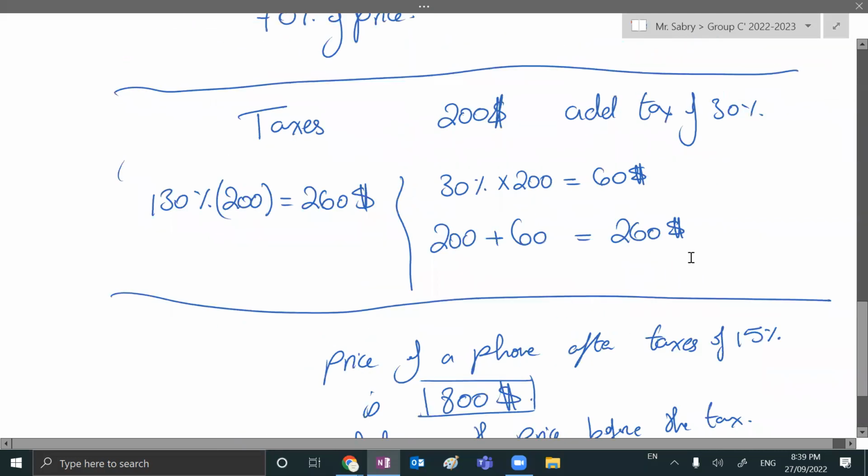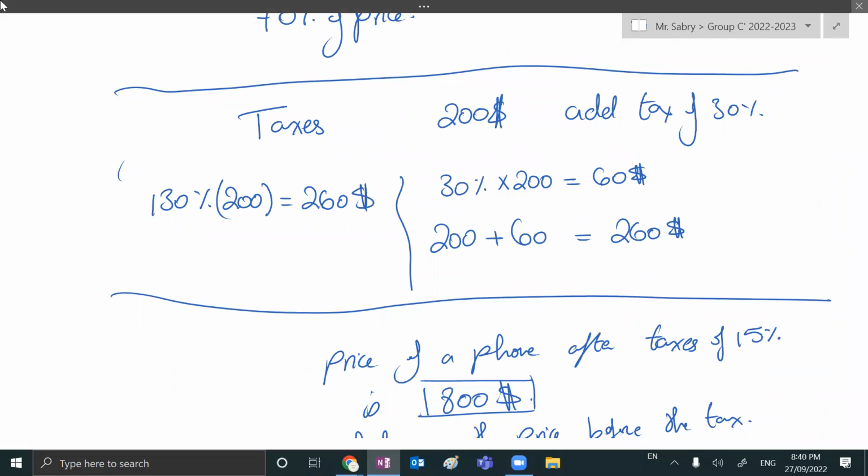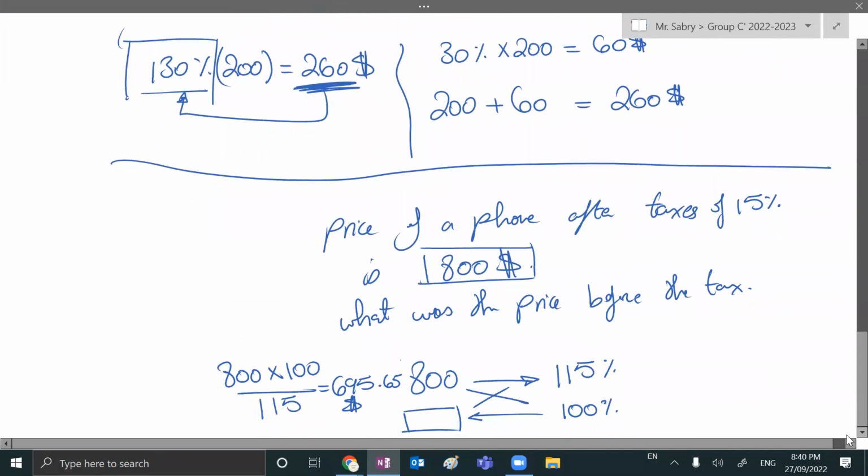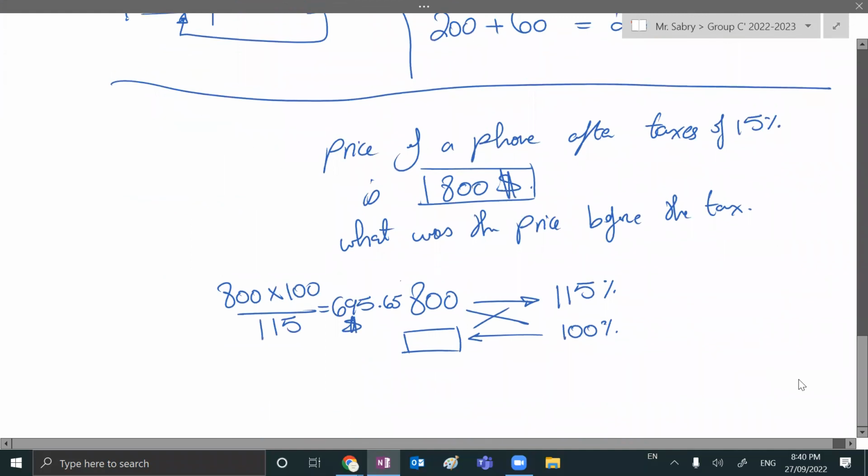We said that when the price of something increases by 30%, meaning when we added 30% taxes, it became 130%. So this $260 is considered right now the amount I reached, which is 130%. The story here is that he gave me the price already after they added the 15%. So this 800 is not the normal price, not the 100% of the price.